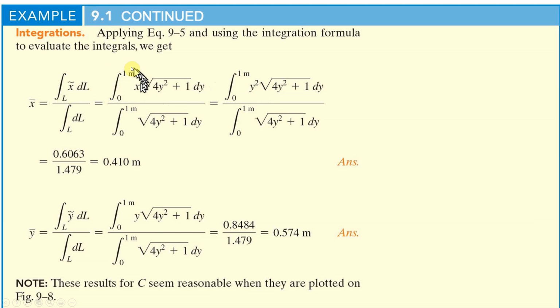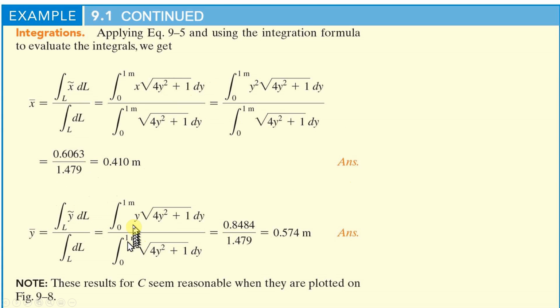And one more step, x equals y squared is right here. So now we've got an integral strictly in y. Then the integral of the total length is just the dl part of it. Look up those things in the integral table and plug and chug your numbers, and you get this number.